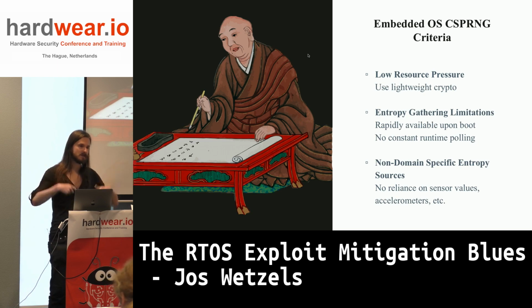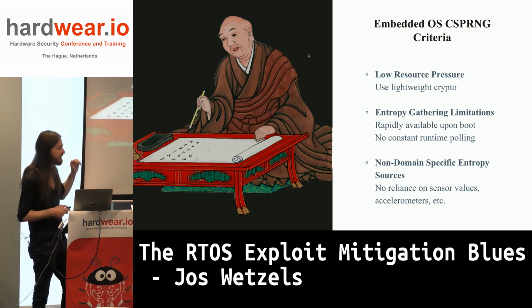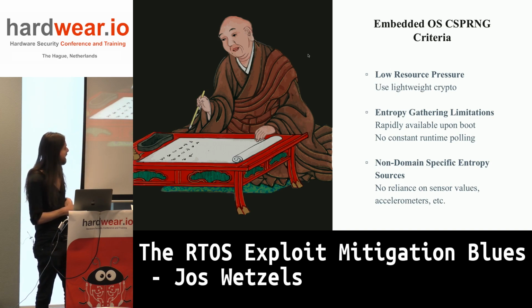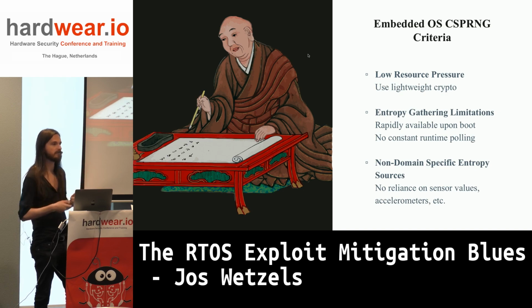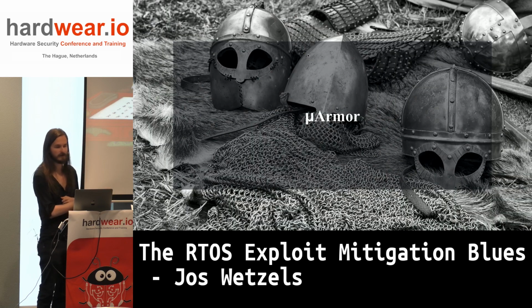For the initial seed entropy of the random number generator, you need to ensure that any entropy you draw is rapidly available upon boot. You also need to avoid any constant polling at runtime, because that's very power draining if you constantly poll for additional entropy. You also need to ensure that you don't rely on domain-specific entropy sources. Like I mentioned, no sensor values or accelerometers that are not widely deployed.